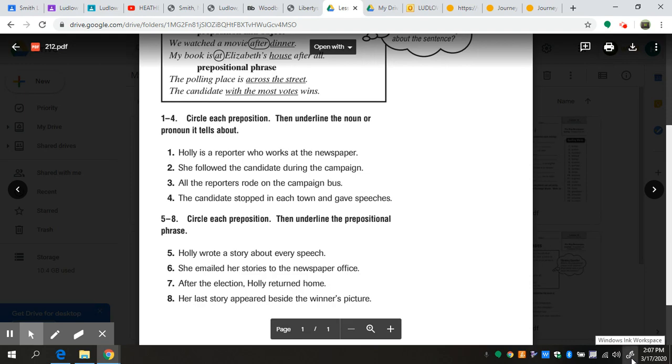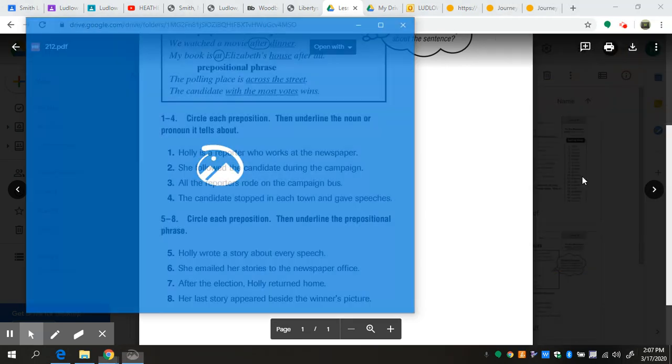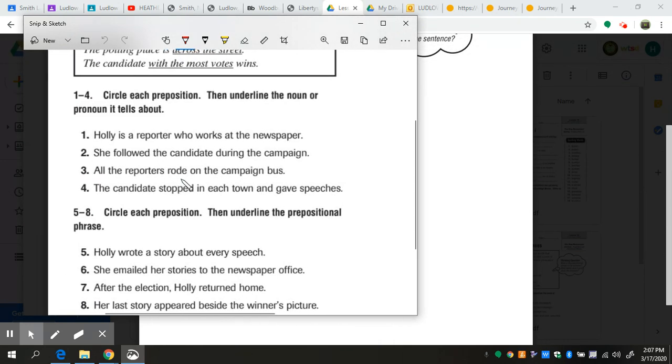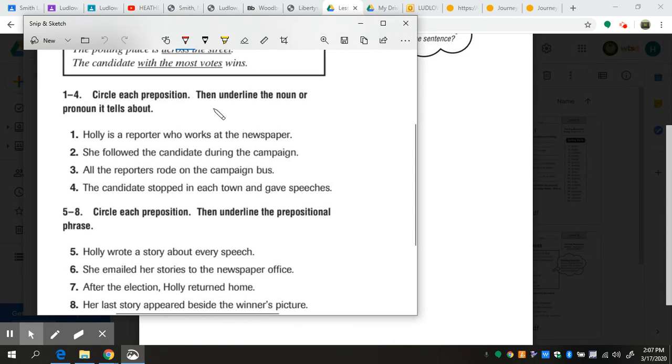So we're just going to use this handy little tool to the side here so that I can interact with the text once more. So for 1 through 4, we're going to circle the preposition, then underline the noun or pronoun it tells about. So number 1, Holly is a reporter who works at the newspaper. Well, my preposition is at, so I'm going to circle at, and then we're going to underline the noun or pronoun it tells about.